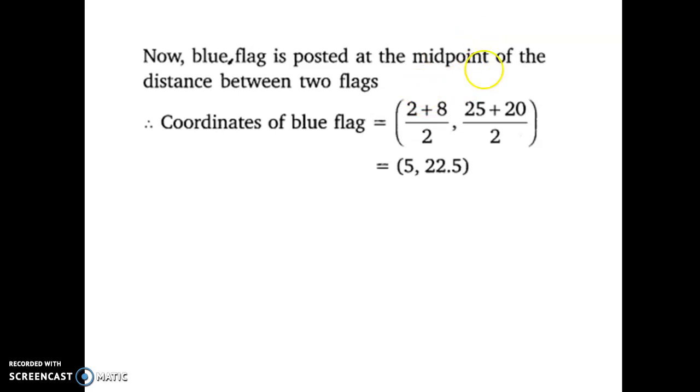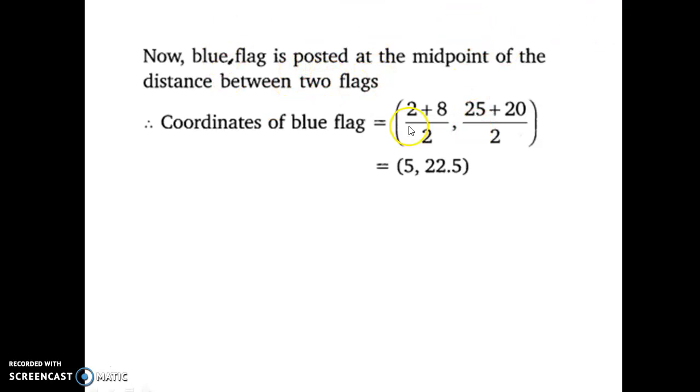That is (x1 plus x2) divided by 2, (y1 plus y2) divided by 2. That's the formula for midpoint. Here it's not given, so that's one more formula you have. Either you can use the section formula, or you can use the midpoint formula to find it out.